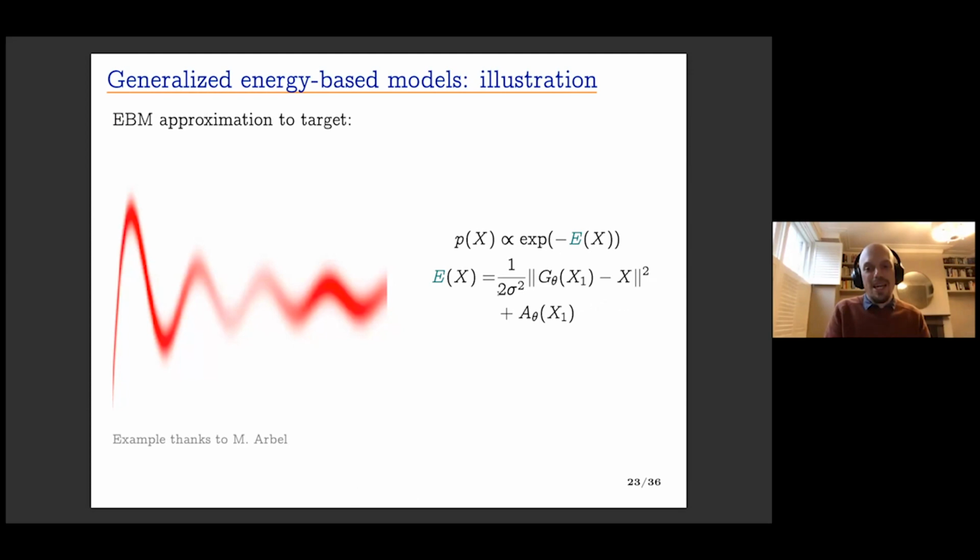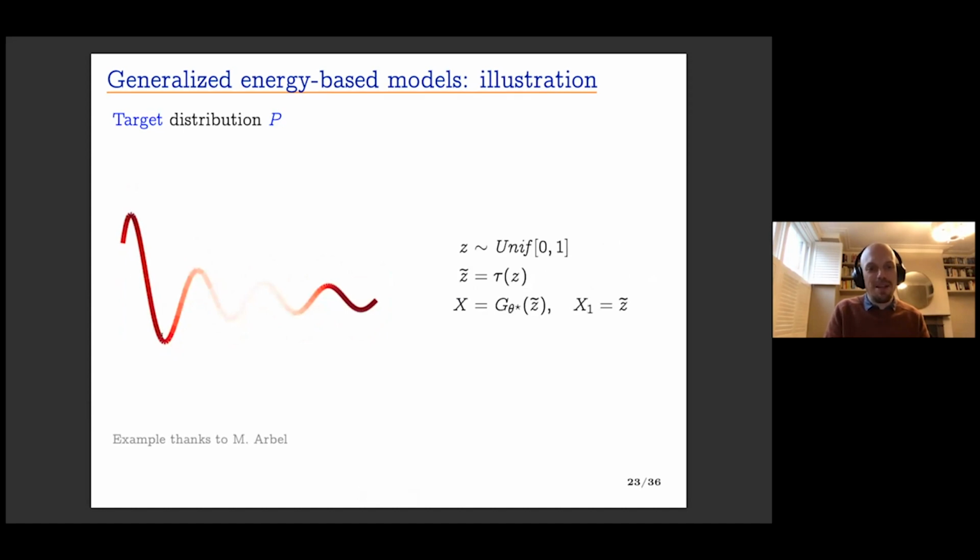But what you'll notice about these energy functions is that they need to have density with respect to the Lebesgue measure. So basically, P of X has to be a density in 2 dimensions. It cannot be a one-dimensional submanifold in a 2D space, right? An energy function like this P of X needs to have density with respect to Lebesgue on whatever the dimension of X is. And that's a problem because I want a one-dimensional submanifold.